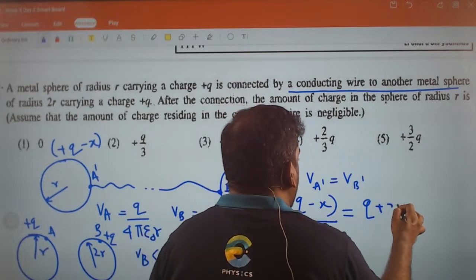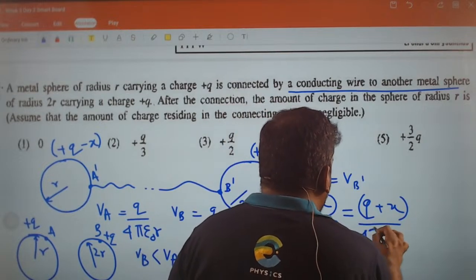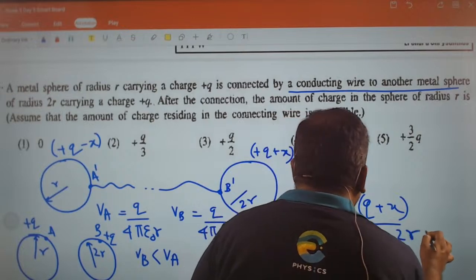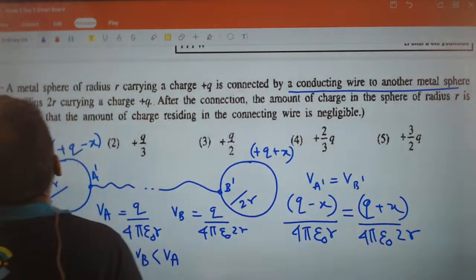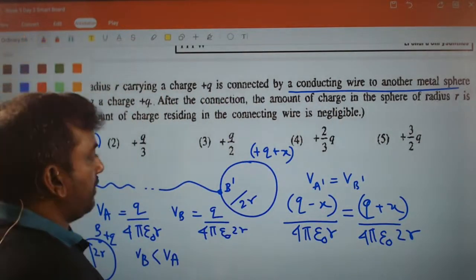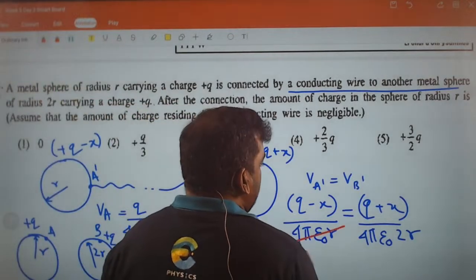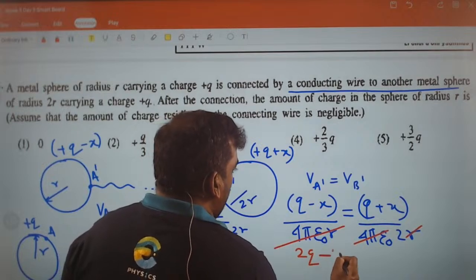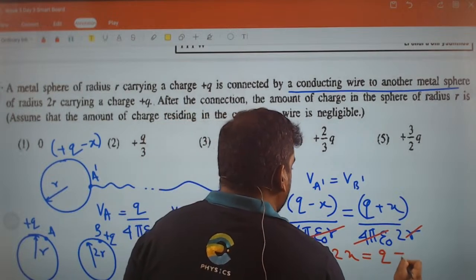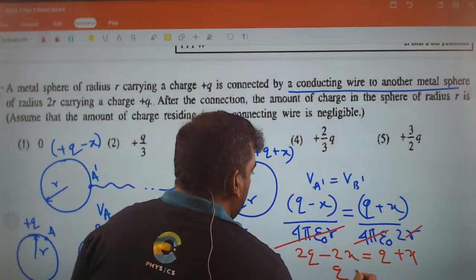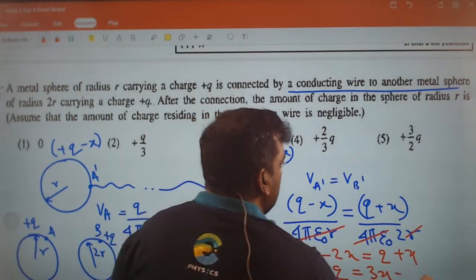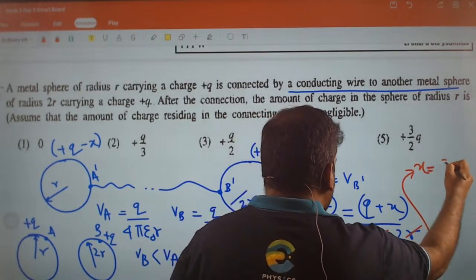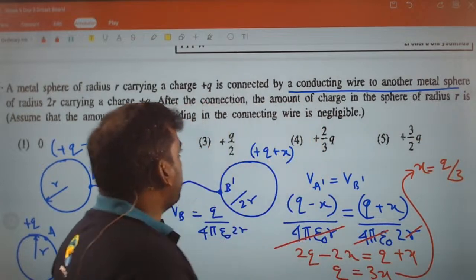Here you can say Q plus X divided by 4 pi epsilon naught 2r. Simplify this. 4 pi epsilon naught r cancels off, cross multiply. 2q minus 2x equals q plus x. Simplify, q is equal to 3x. From this you can say x is equal to q divided by 3.